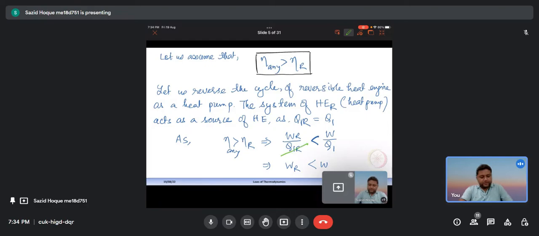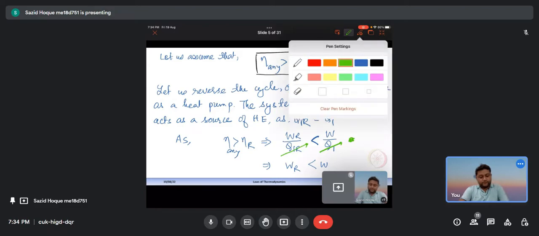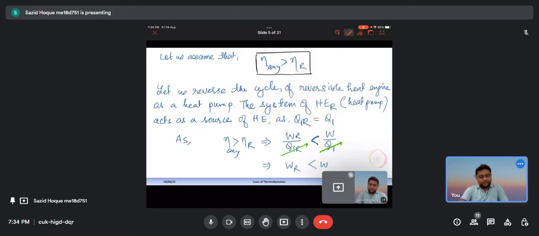Now these two get cancelled because they are equal. So we have WR is less than W. That is, the work done in the reversible heat engine is less than the work done in a normal heat engine.